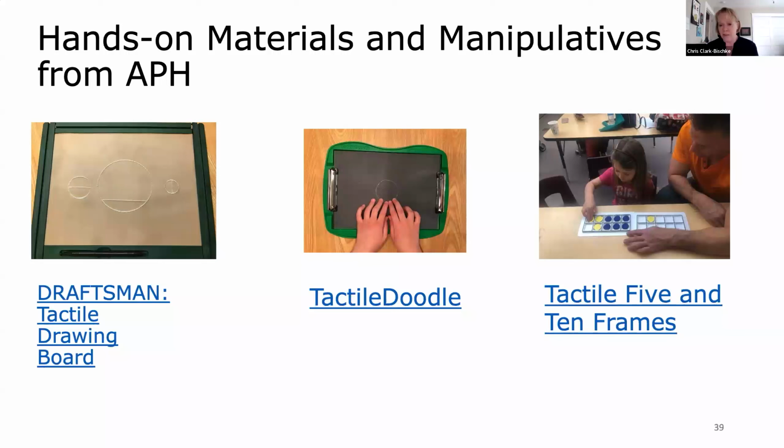And then you have the tactile 5 and 10 frames, which is great for young students who are counting to tens or counting to fives, depending on how many frames you have. A great way to engage students in learning and getting their hands busy counting the different objects placed in front of them.